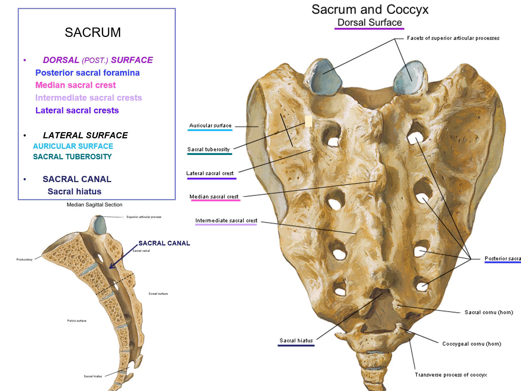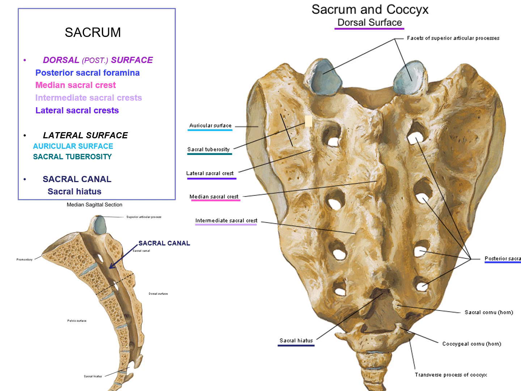There are 4 pairs of posterior sacral foramina on the dorsal surface, and also 5 vertical crests are present on this surface. Their names are median sacral crest, intermediate sacral crests, and lateral sacral crests.